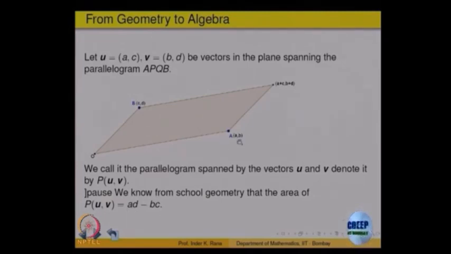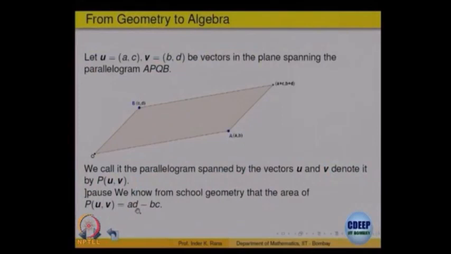If the first vector has components A and B, and the second has components C and D, then purely by geometry considerations, by drawing perpendicular lines, looking at congruence of triangles and using the concept that the area of a triangle is half base into height, one can conclude that the area of this parallelogram is AD minus BC. This is pure geometry.